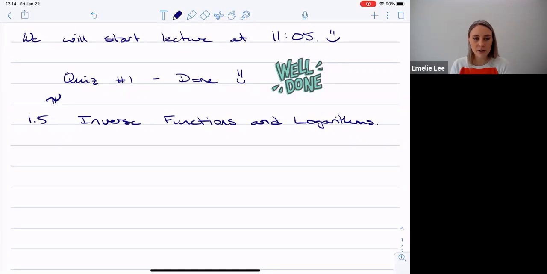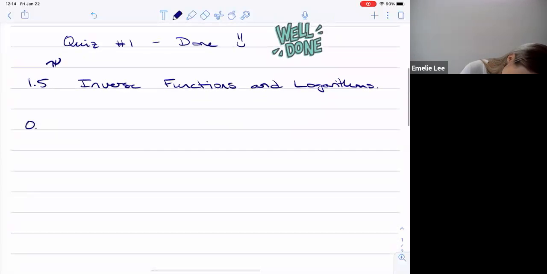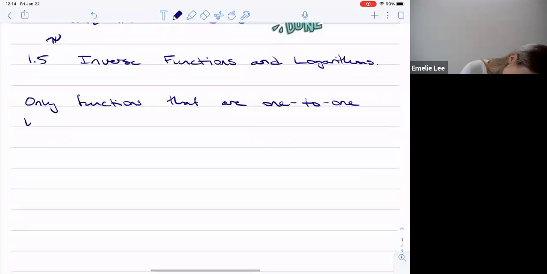Okay, so inverse functions. A function has an inverse if it's 1-to-1, meaning each input of x can only yield one output of y. So only functions that are 1-to-1 have inverses.